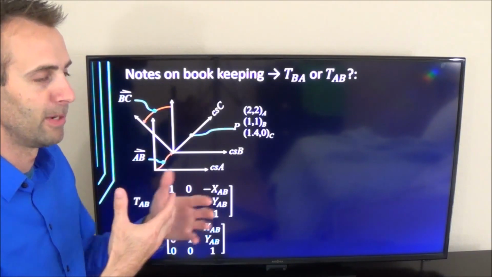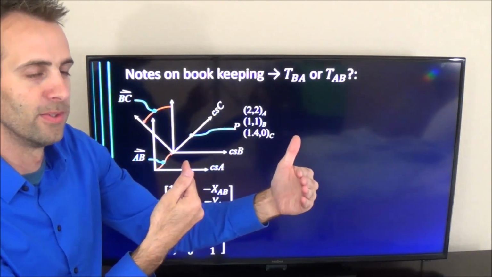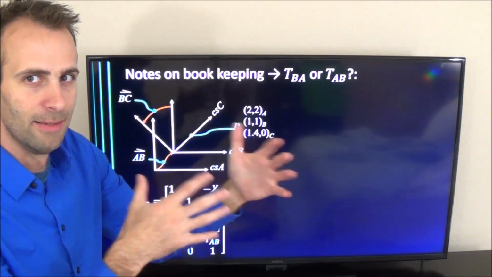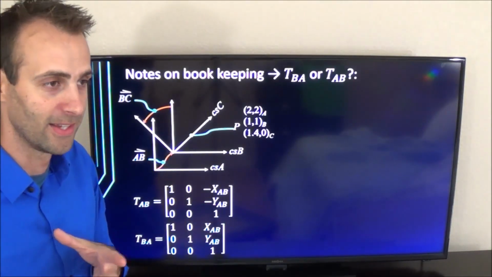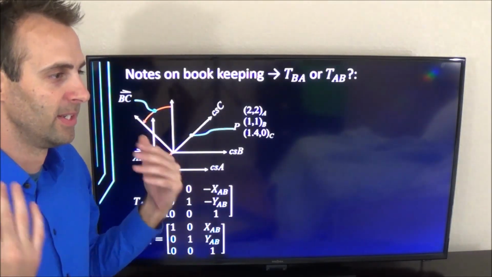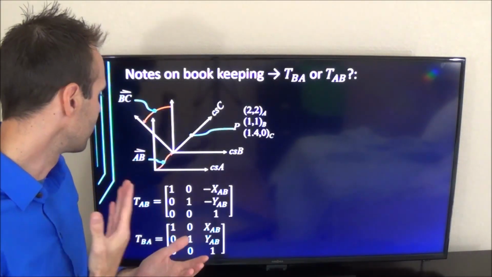Remember, I'm not moving the part to the tool, I'm moving the tool to the part. Mathematically it doesn't matter, but from a bookkeeping standpoint and math, in sort of sanity, it matters a great deal.